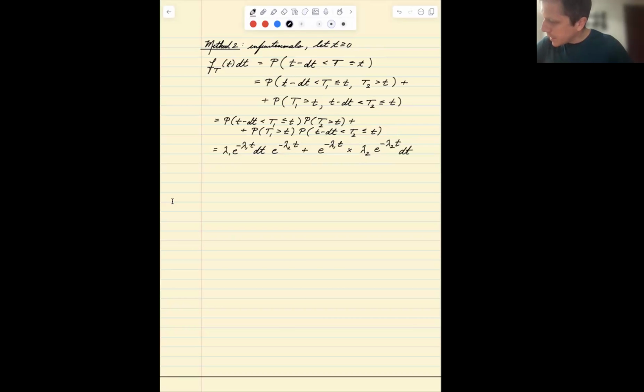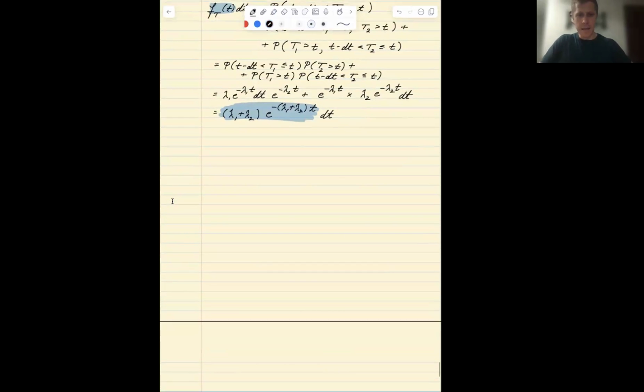Okay, so we can bring all these components together, and when we do that, we see that this is equal to (lambda 1 plus lambda 2) e to the minus (lambda 1 plus lambda 2) t dt. And we realize that f of t, the thing that's multiplying dt here, is the density of the exponential whose intensity is lambda 1 plus lambda 2.